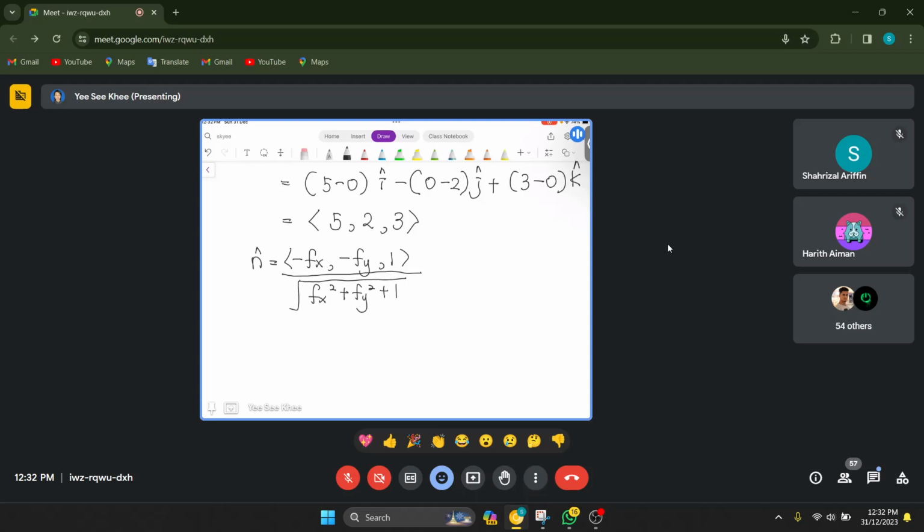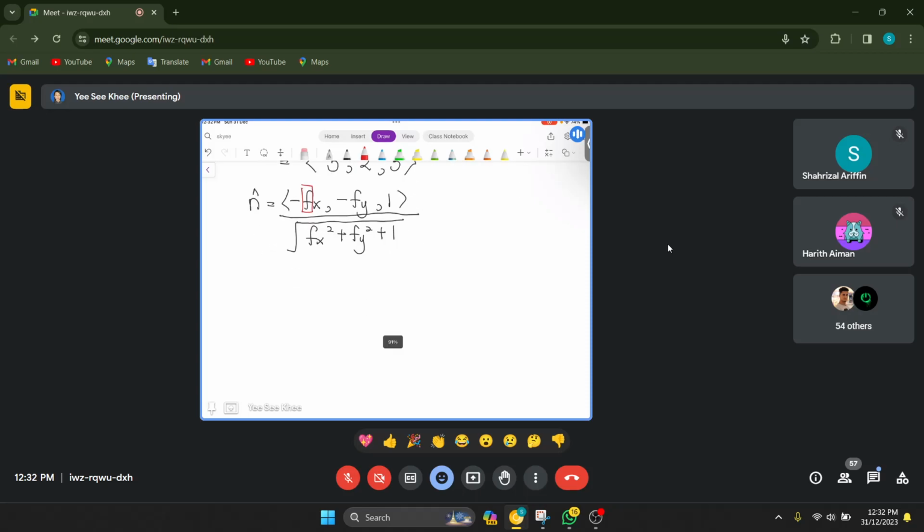This is the equation for the outward. Now let's find out what is the F. The F is the surface of the paraboloid. So F is equal to z equals 4 minus x squared minus y squared.